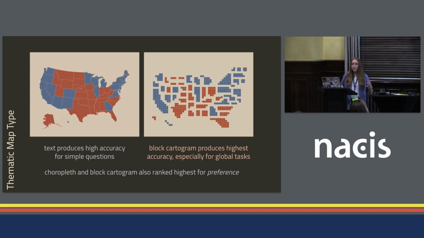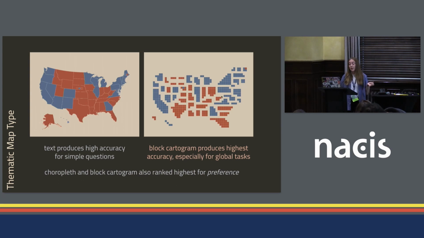However, I think that can be a good lesson: no matter the thematic map type, a journalist may choose to place the text directly on the map, or perhaps have a pop-up when users hover over a state to directly tell them the number of electoral votes so they don't have to guess.